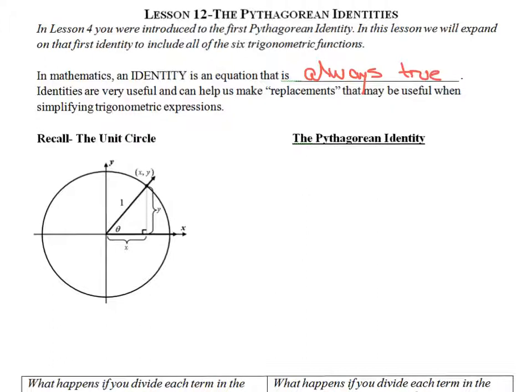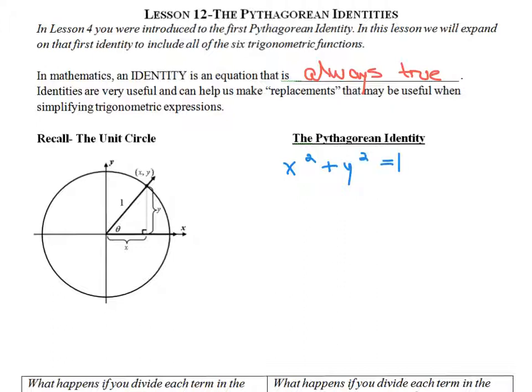Identities can help us to make replacements so that we can simplify trigonometric expressions. So recall in our unit circle how, because I can draw a right triangle and I see my x-coordinate and my y-coordinate, I know then that by the Pythagorean theorem, x squared plus y squared is equal to 1.